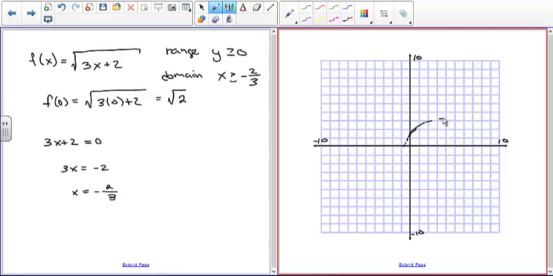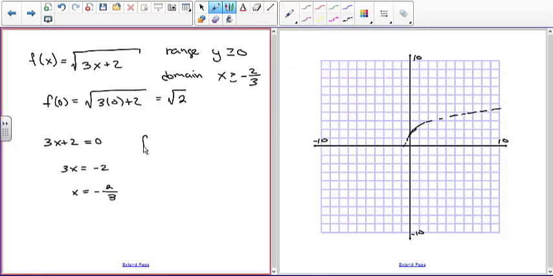And then the thing goes like that. You could pick another number. You could do f of 10. So that's the square root of 3 times 10 plus 2, which is the square root of 32.